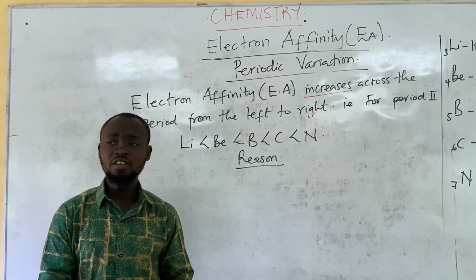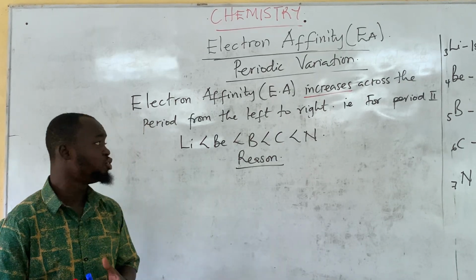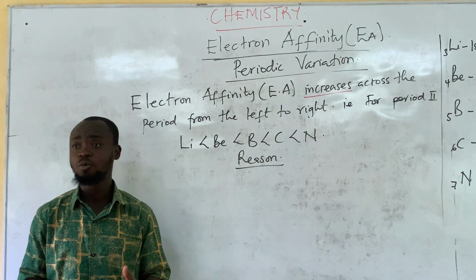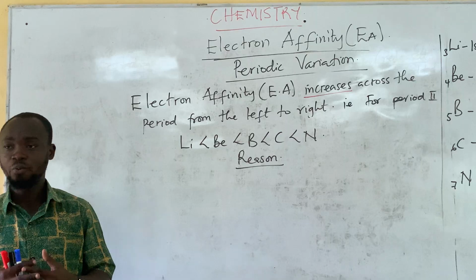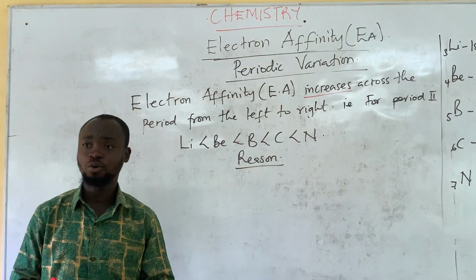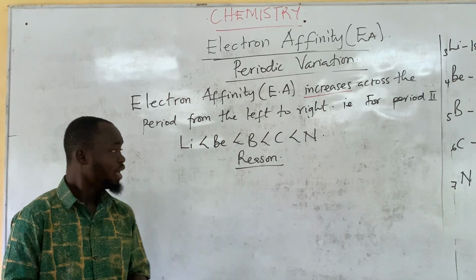In our previous lesson, we learned that a factor we can use to talk about the variation across the period or down the group can be atomic radius. But to make it more simplified, we are going to use a simple idea here.